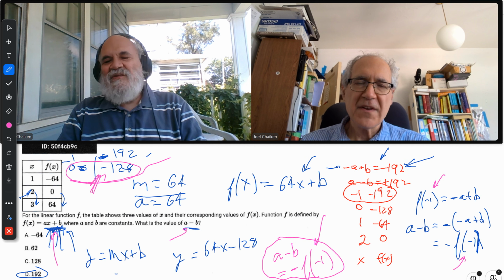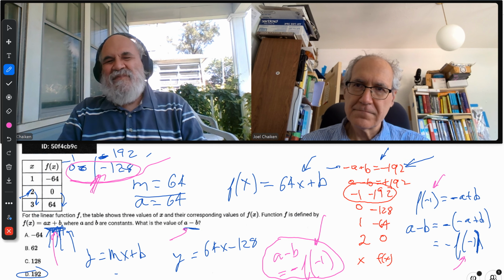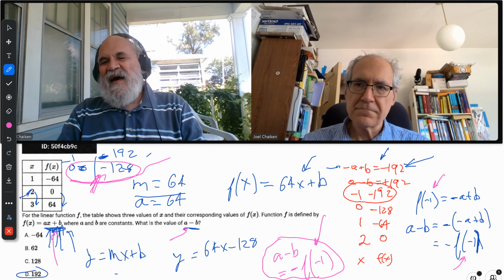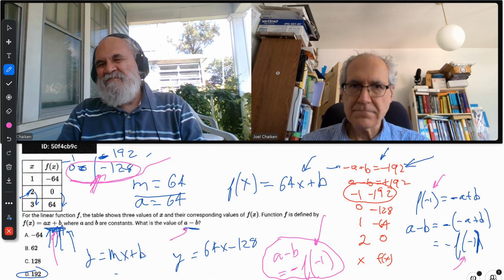What I said was, it's a good idea to know the connection together: for functions that have a slope-intercept form, what the properties of the table are, and given a table, how to deduce the slope-intercept form from data in the table.